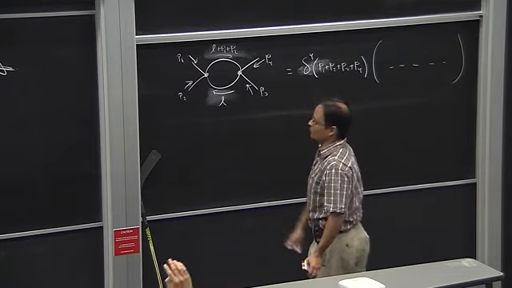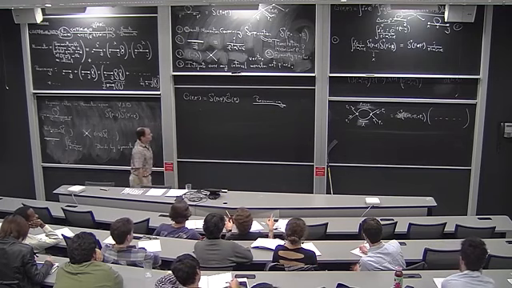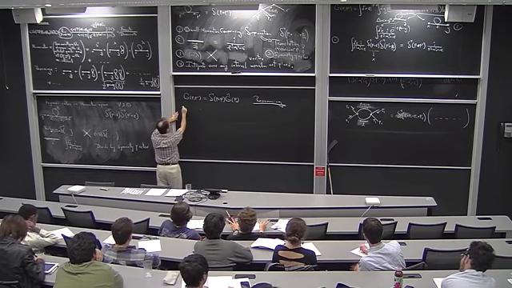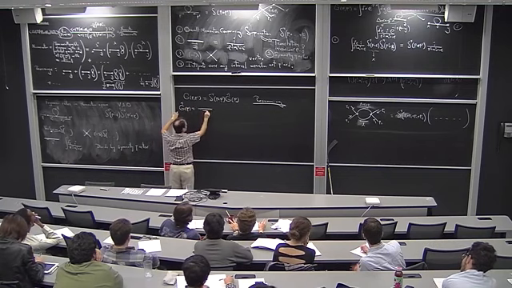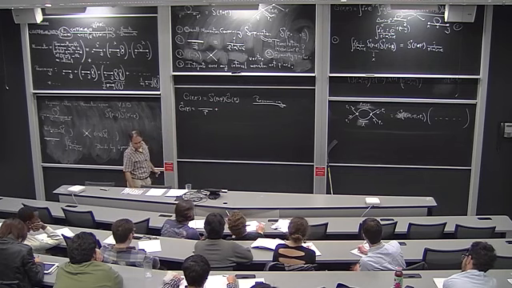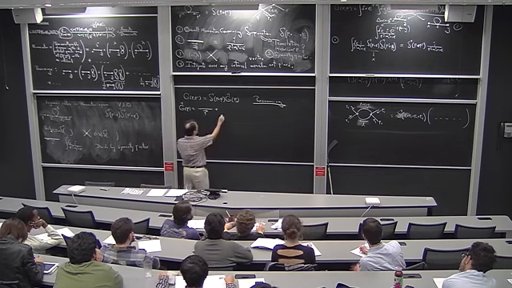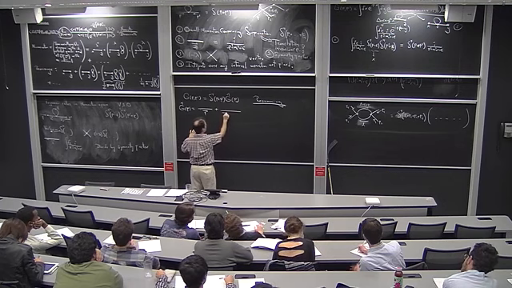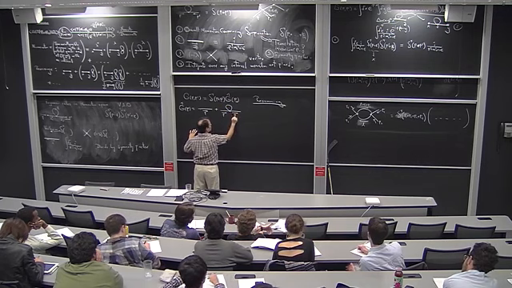Very good. With respect to the symmetry factor, when I put labels on my external line. Yes. So the symmetry factor, how do you calculate it in this case? Exactly in the same way as we did before. For every internal line, there will be more equivalent diagrams.